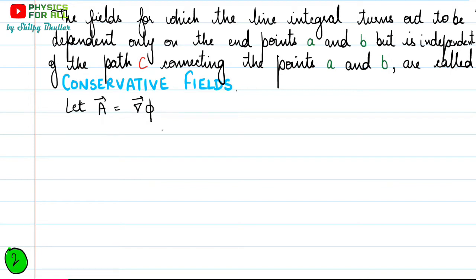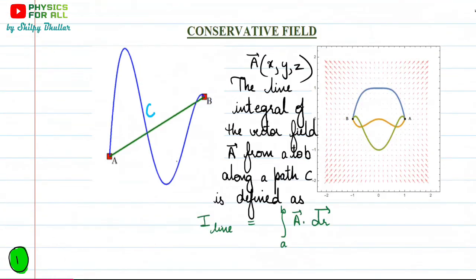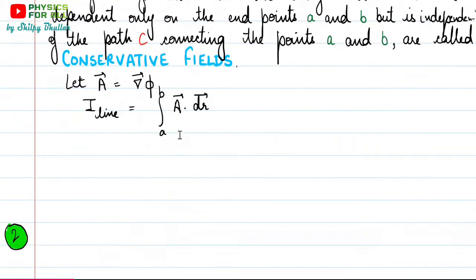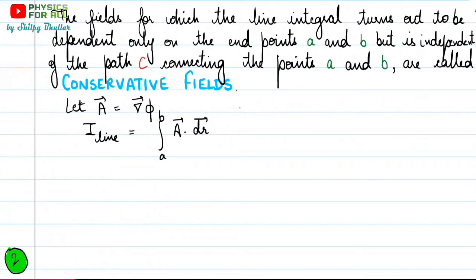So if that's the case, then we can write our line integral to be equal to the integral from A to B of A dot dr, which we already know. After all, the points are A and B. And now if we substitute the value of A, which is del phi, we can write it like this. And now this particular thing has a value.